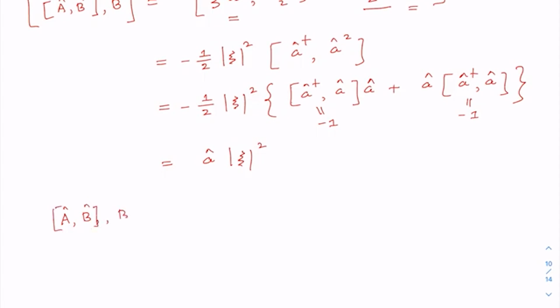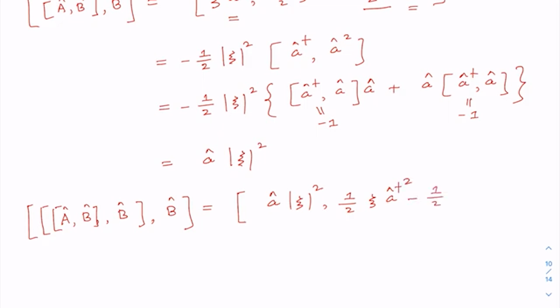Okay, so let me work out another term, that would be [[A,B],B] commutator with B. This already we know, this commutator of this whole thing with the operator B. Let us work it out. This would be a mod ξ square, and then here I have B is half ξ a dagger square minus half ξ star a square.